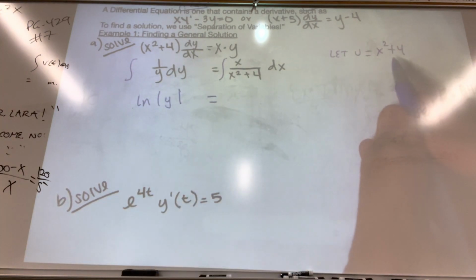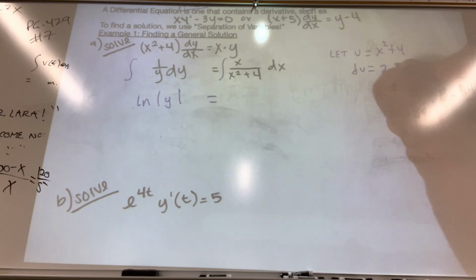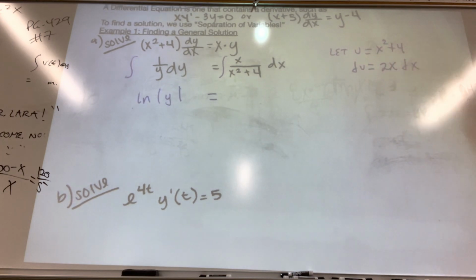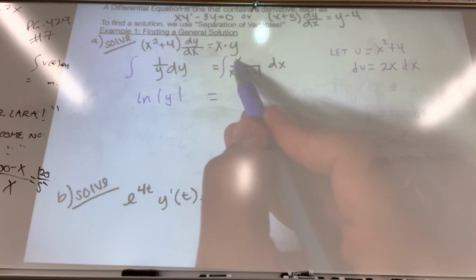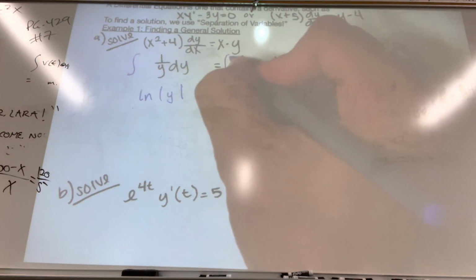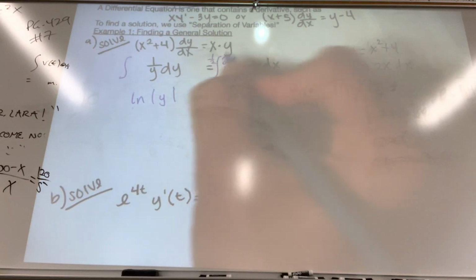So let u equal x squared plus 4. du is going to equal what? 2x dx. Okay, well, to make it work, I need to put what next to the x right here? A 2, but if I put a 2 here, what must I put on the outside? A 1/2.